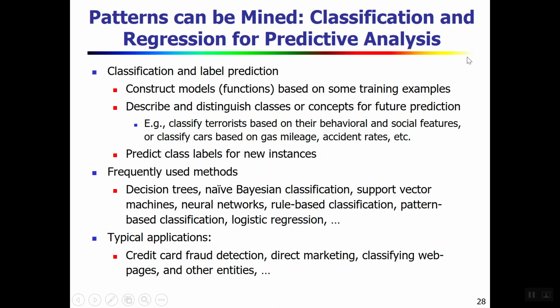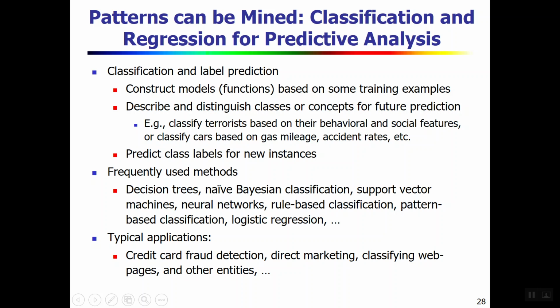Those are your class labels. Then you construct a model based on the data that you collected on those customers, a model that can be used to classify future customers into those three classes.